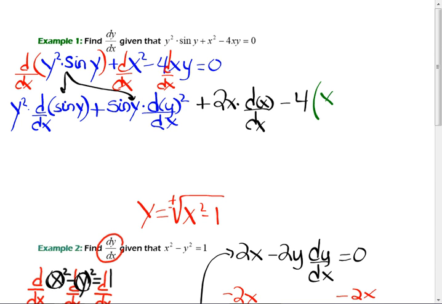Remember, it's x times the derivative of the second. You see the product rule? Sorry, see x times y? Product rule. So it's x times the derivative of y with respect to x plus the second one times the derivative of the first.